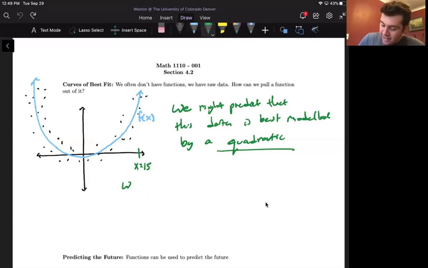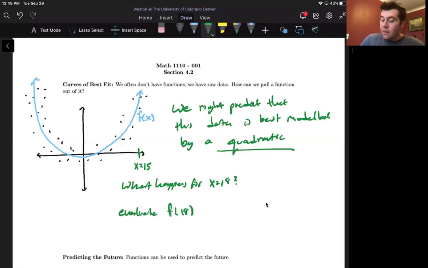All right, so we're trying to ask what happens for x equals 18. And so we take this function f of x, this quadratic that we found, and just evaluate f of 18. And then whatever that value is what we would probably expect f of 18 to be.